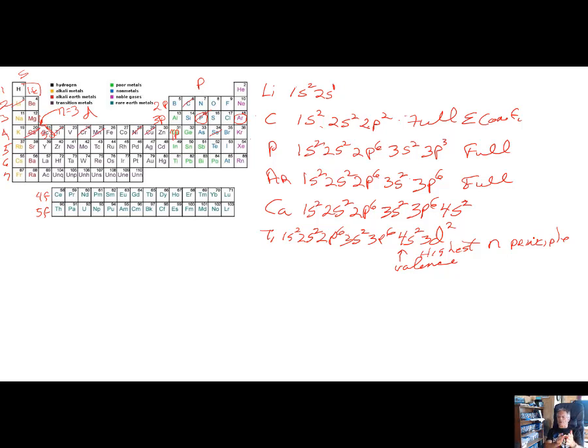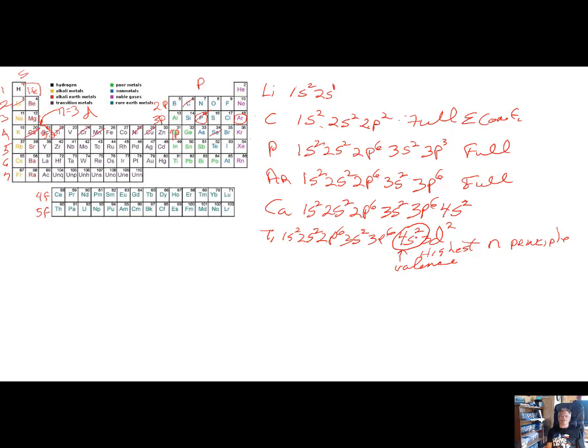If you remember, in the quantum numbers, the n value tells you how far the electrons are away from the nucleus. So the highest n value, that's the outermost shell, that's the valence shell, that's where the electrons are lost or gained first. If it's a metal, it tends to lose electrons, and if it's a non-metal, it tends to gain electrons. So these are the valence electrons.